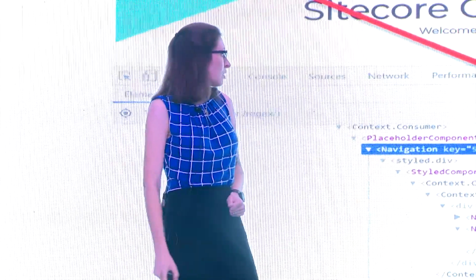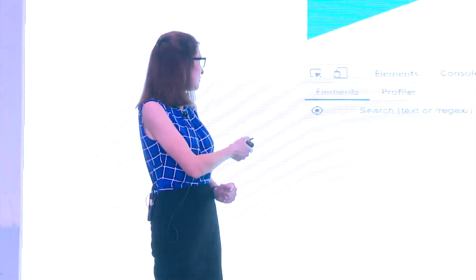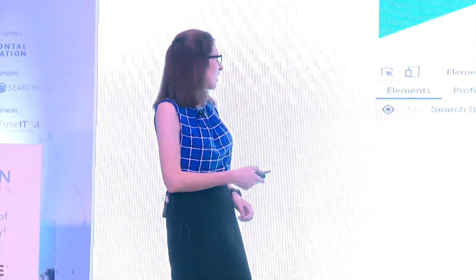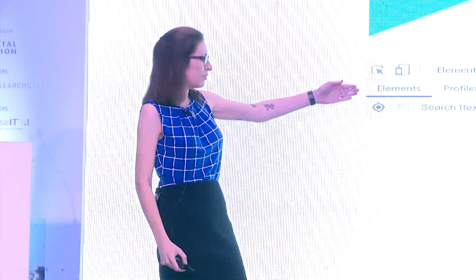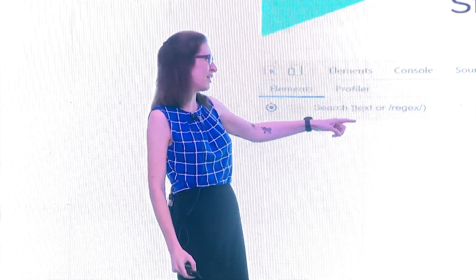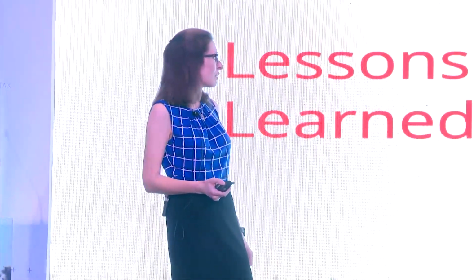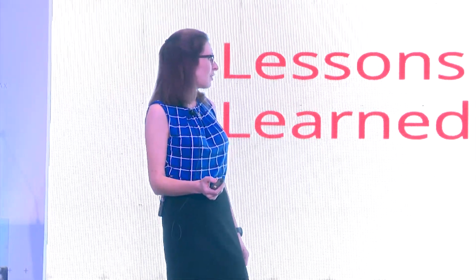We can see via the React console that the fields being passed in have the navigation items, and that's how I'm building out the navigation. So that's it for GraphQL.